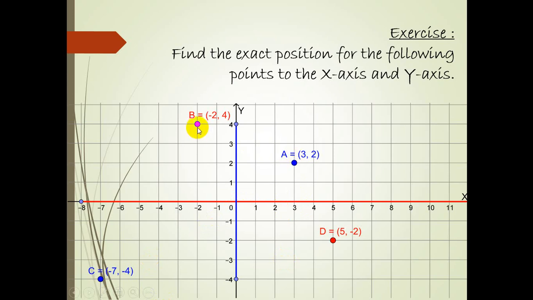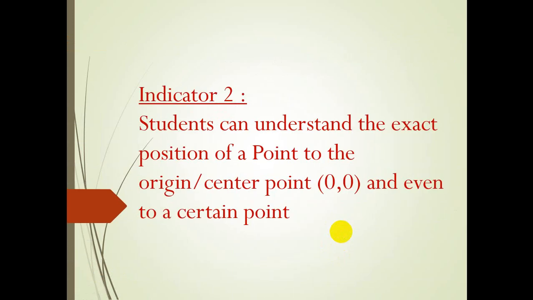For point B, 2 units to the left and 4 units upward. For point C, we can see here 7 units to the left and 4 units downward. And for point D, 5 units to the right and 2 units downward. Is there anything difficult? I don't think so. Okay, let's move on to the next slide.